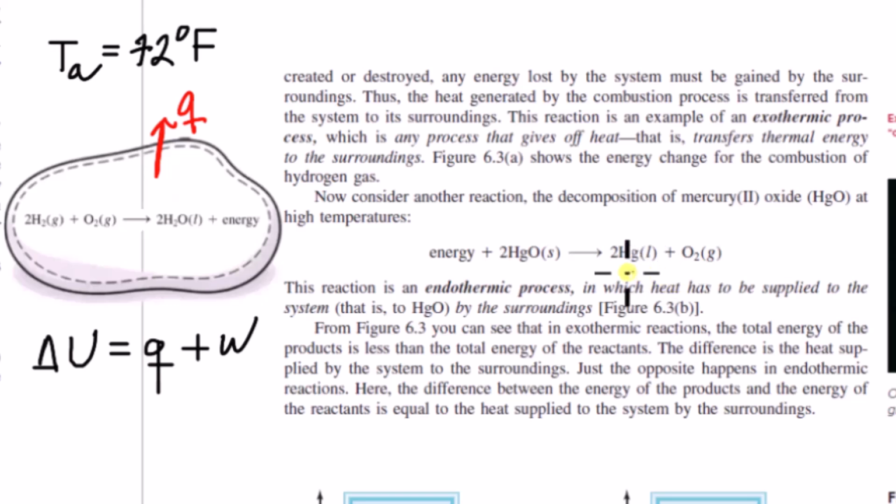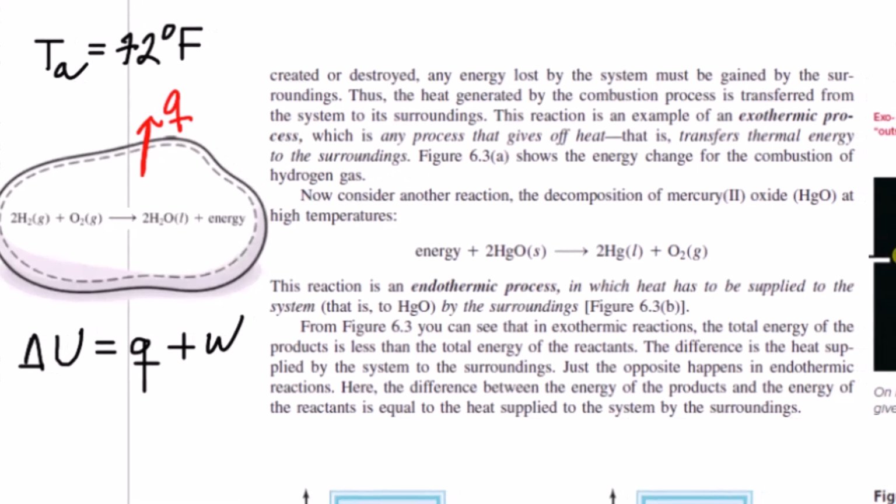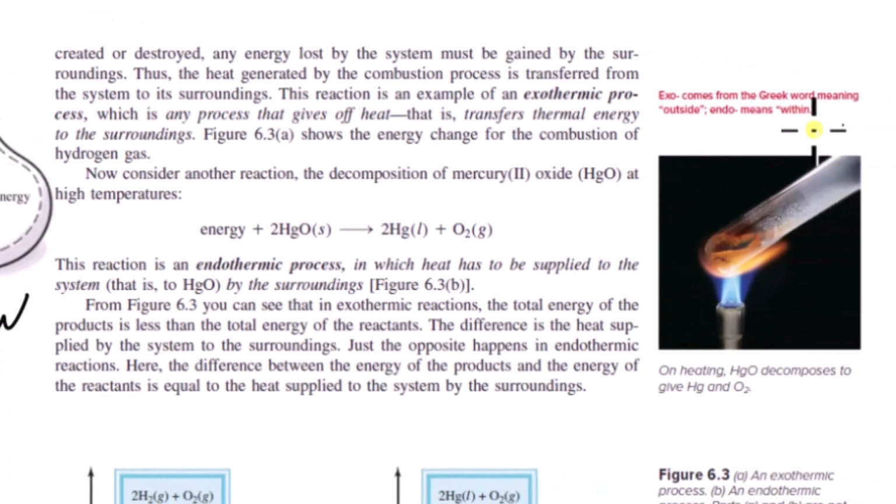In other words, the products are at a lower temperature than the reactants, where the temperature of the reactants is the temperature of the surroundings. So at the instant in which the reaction takes place, the products are at a lower temperature than the surroundings. And so because of that temperature difference, heat transfer occurs, in this case, from the environment into the system. And that's what they're illustrating here.